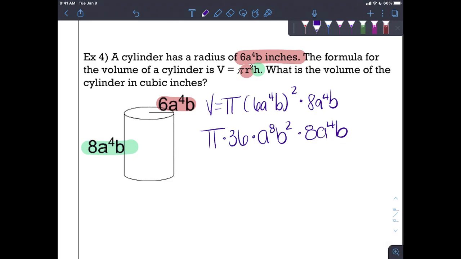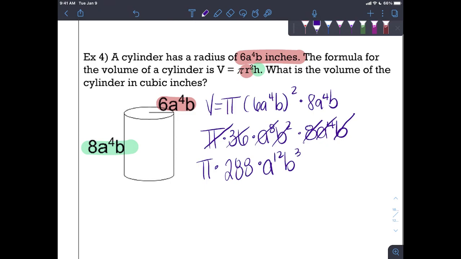I see that I have 2 coefficients, so I'm going to multiply those together. I'm going to take care of my A's as well as my B's, and I'm done. There's my volume of my cylinder.